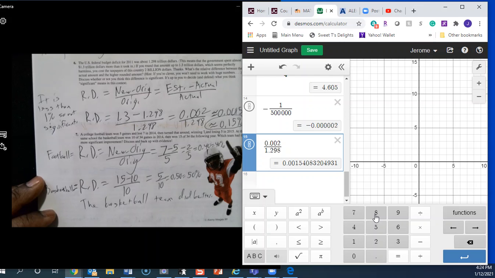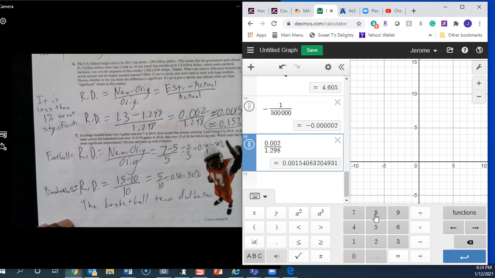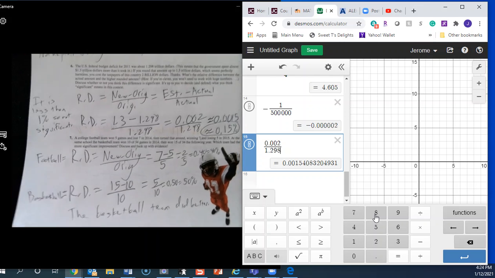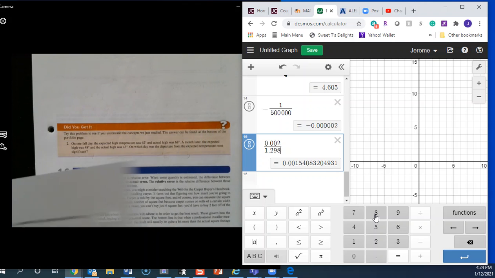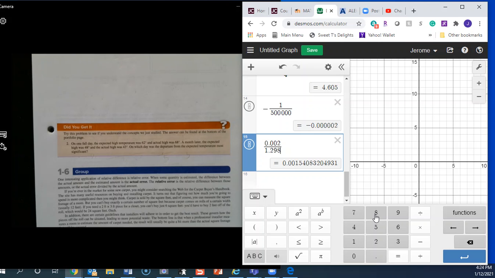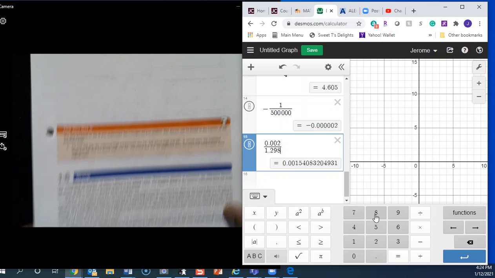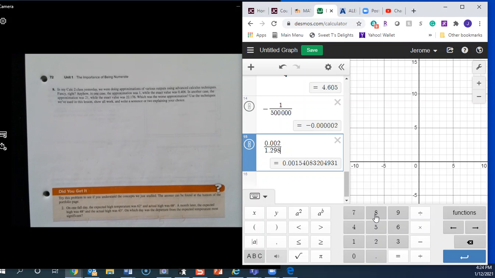Okay, so now we're going to move on to the next page. Okay, on the next page, we will start up here with problem number 8. It says, in my Calc 2 class yesterday, we were doing approximations of various outputs using advanced calculus techniques.